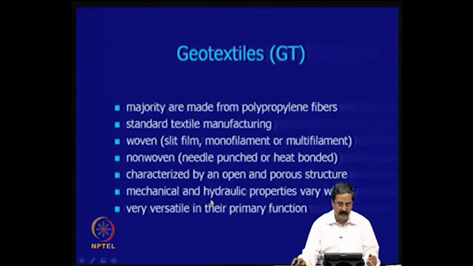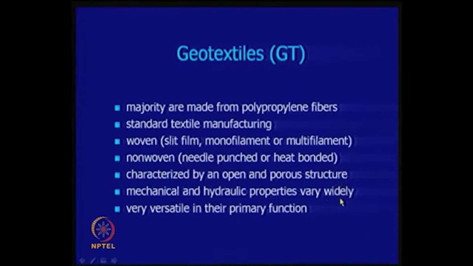Then mechanical properties and hydraulic properties vary widely, in the sense that you can design whatever mechanical properties and hydraulic properties you want, calculate them and then give a design.